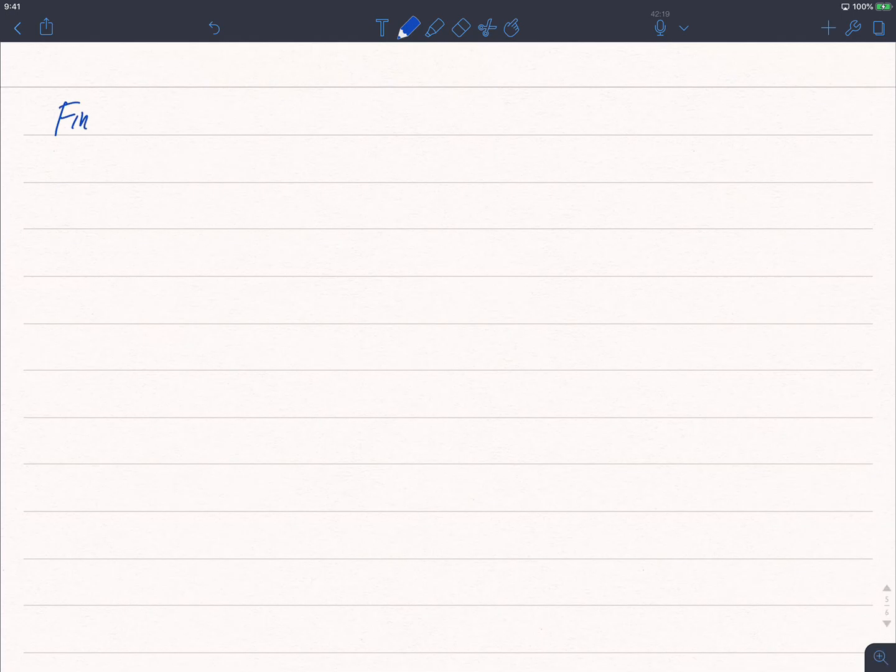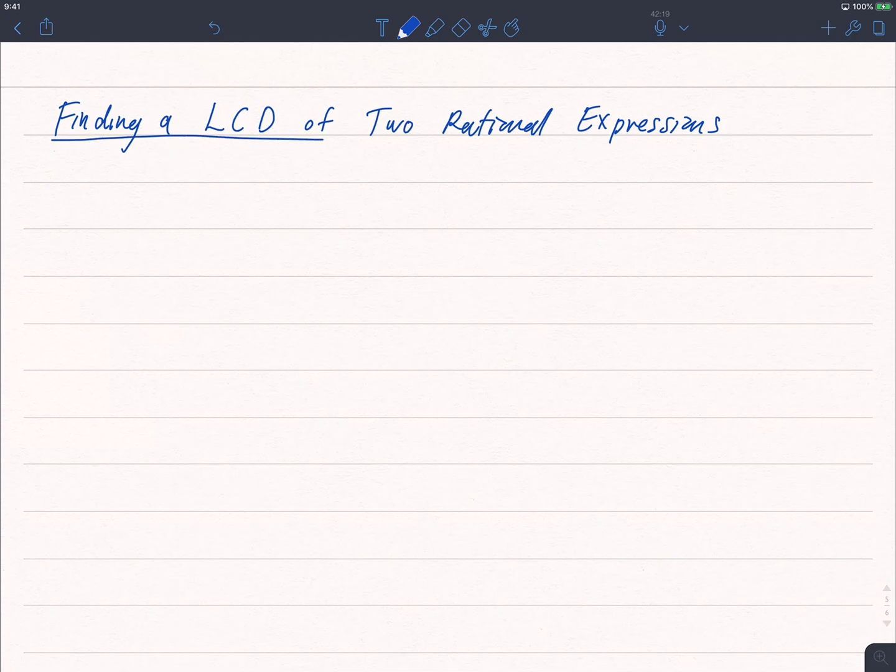So finding an LCD, or least common denominator, of two rational expressions. Okay. So let's go over the steps, and then we're going to go into some examples.